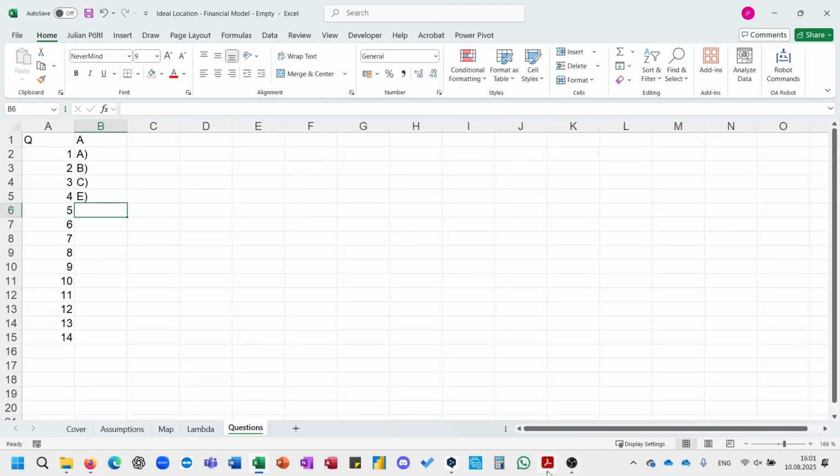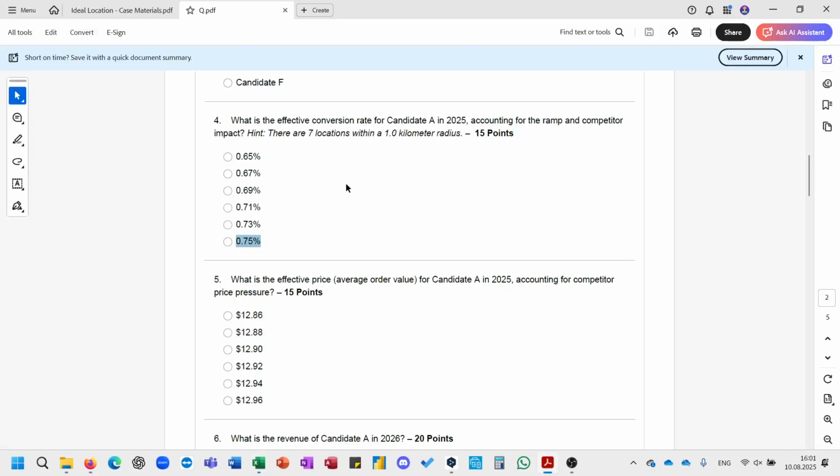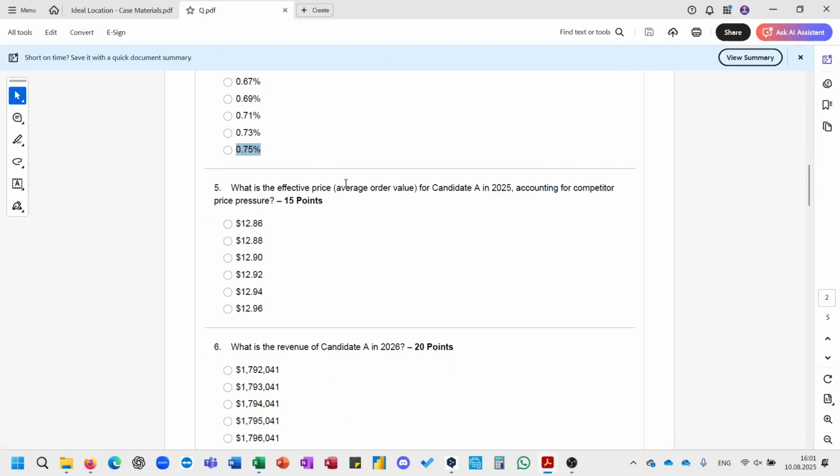So next question. What is the effective price, the average order value for candidate A in 2025, accounting for competitive price pressure?